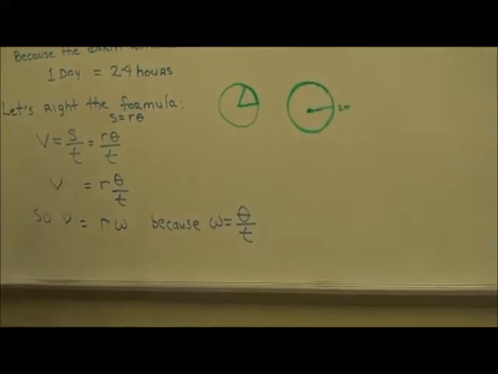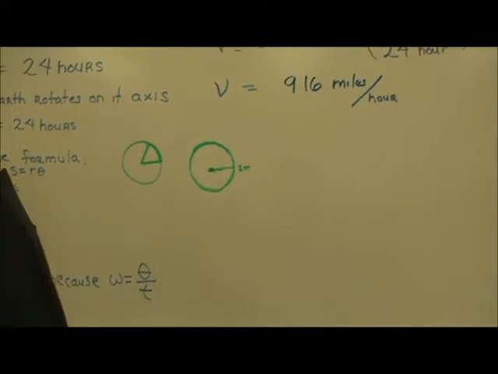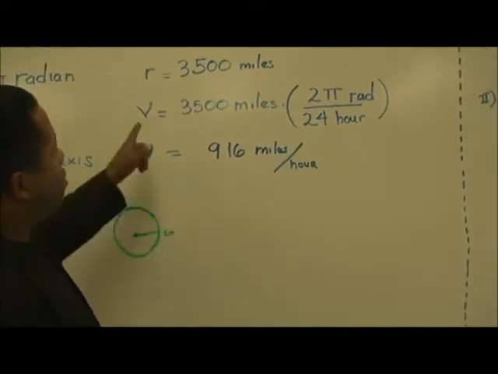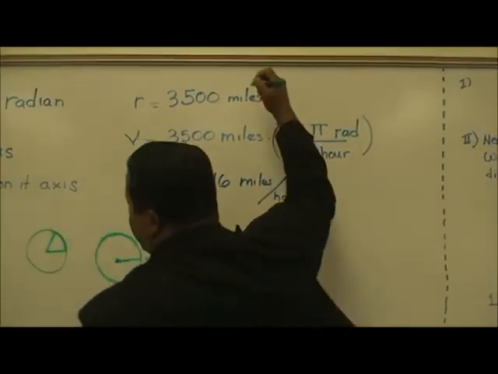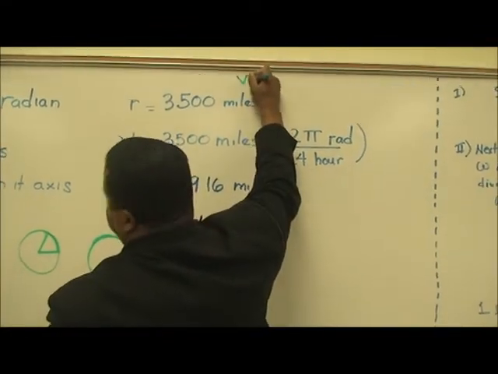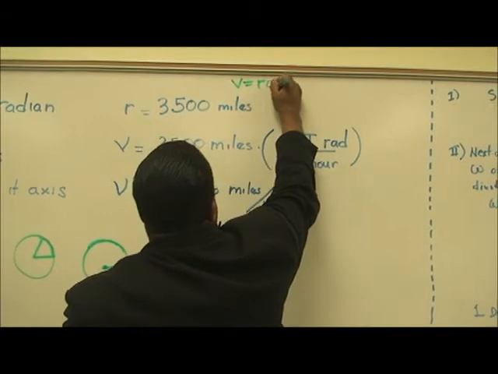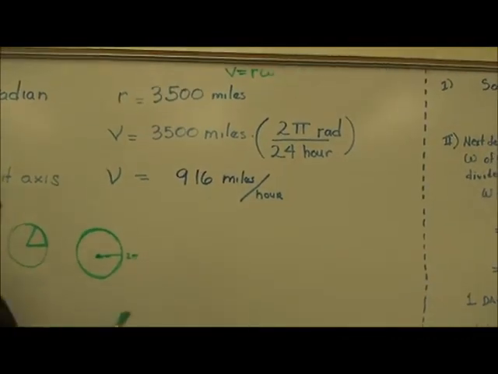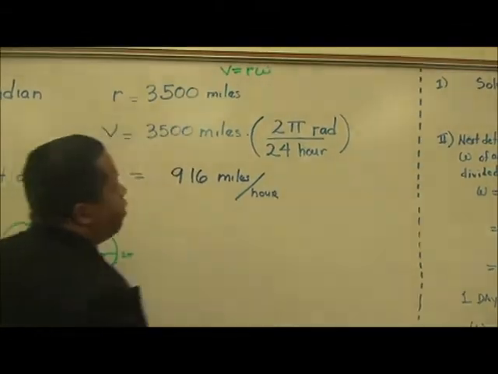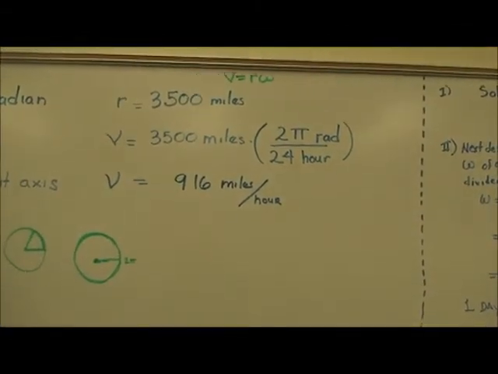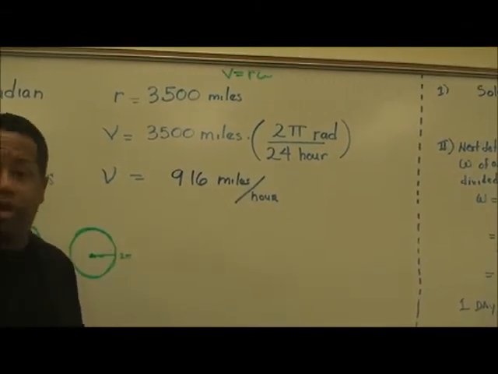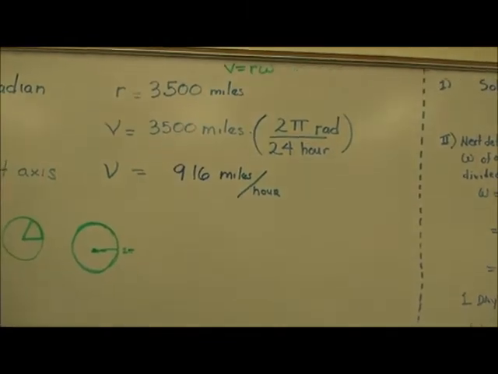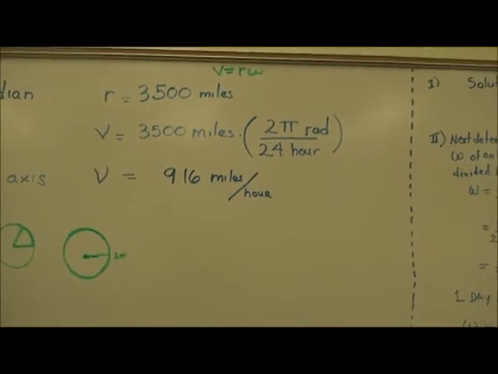Now, let's look at this very closely. We have a radius of 3,500 miles. So, still, we're looking at this formula right here, which is V is equal to R times omega. Now, we have to consider the angular speed omega here, which is 2 pi radians is equal to 24 hours. So we have to set that up as a ratio because it is in miles per hour.